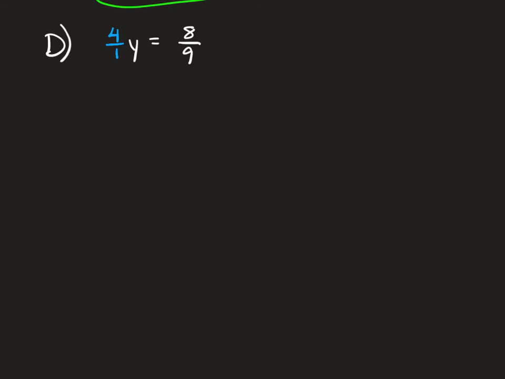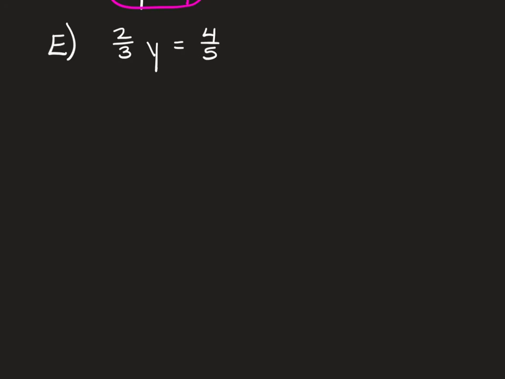And so the reciprocal of 4, or 4/1, is the flipped fraction 1/4. So on the left side, those cross cancel, and we get y. On the right side, 8 and 4 both divide by 4 to get 1 and 2. So we end up with 2/9.